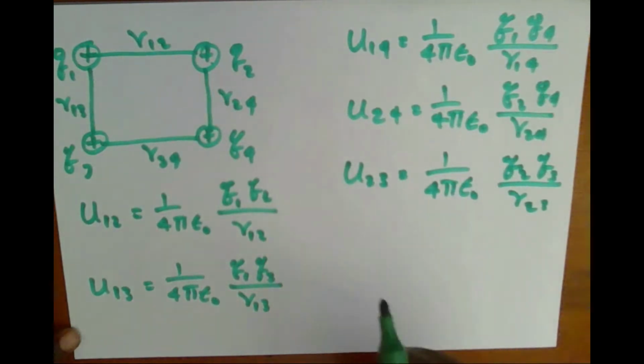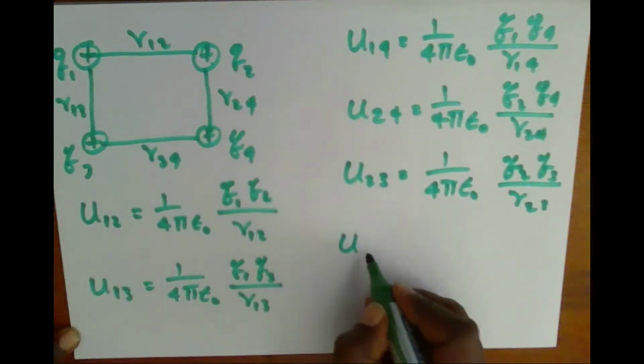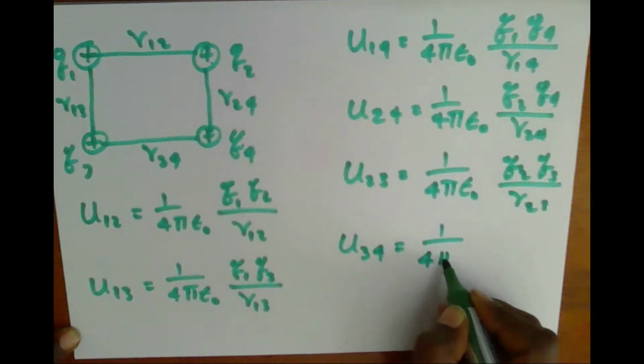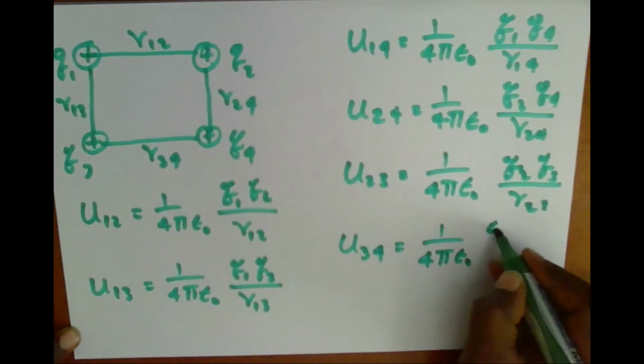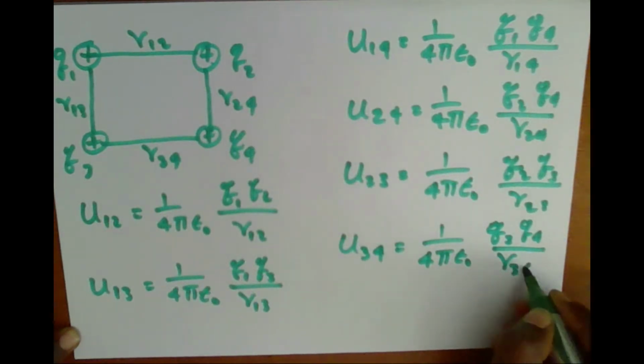Okay, and the last one is between 3 and 4, which is equal to 1 over 4 pi epsilon naught Q3 Q4 over R34.